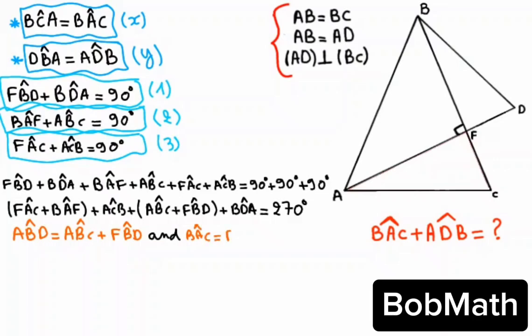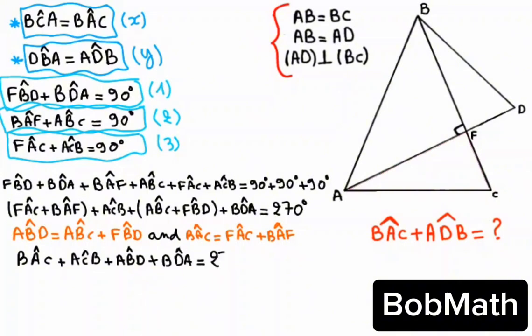angle BEC equals angle FAC plus angle BAF. So angle BEC plus angle ACB plus angle ABD plus angle BDA equals 217 degrees.